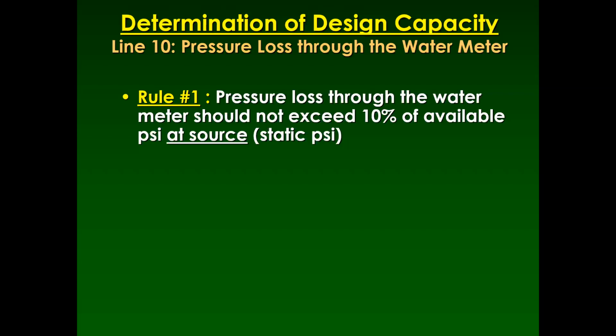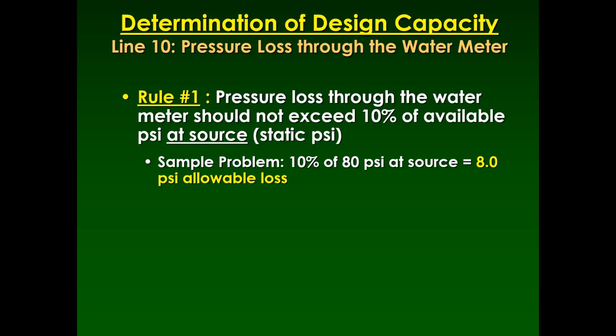We've all recorded line 1 to be what? 80 PSI, static pressure at main. So we take 10% of 80 PSI, 0.10 times 80, and we get 8 PSI allowable loss. That's how much we can lose.